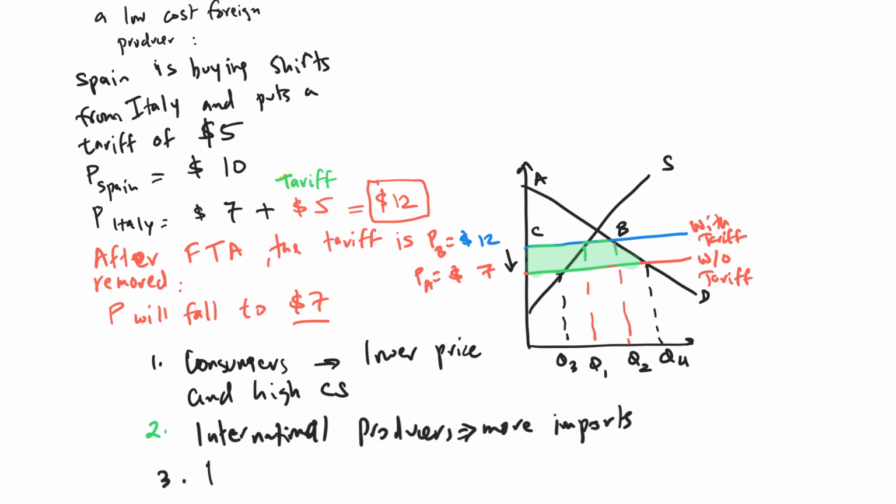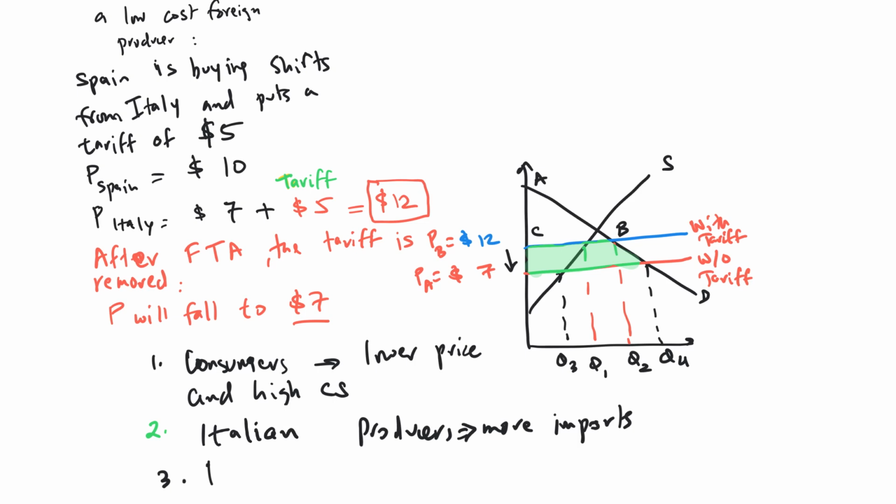International producers are those who are exporting to Spain. You're saying international producers like Italy, so let's write this instead: Italian producers. Right? Italian producers will benefit in terms of more imports.